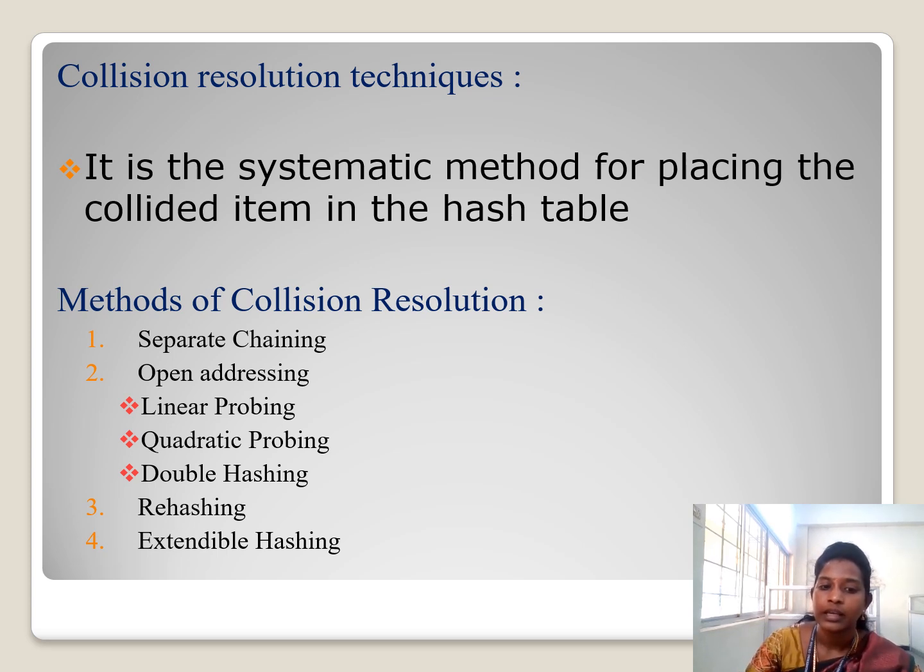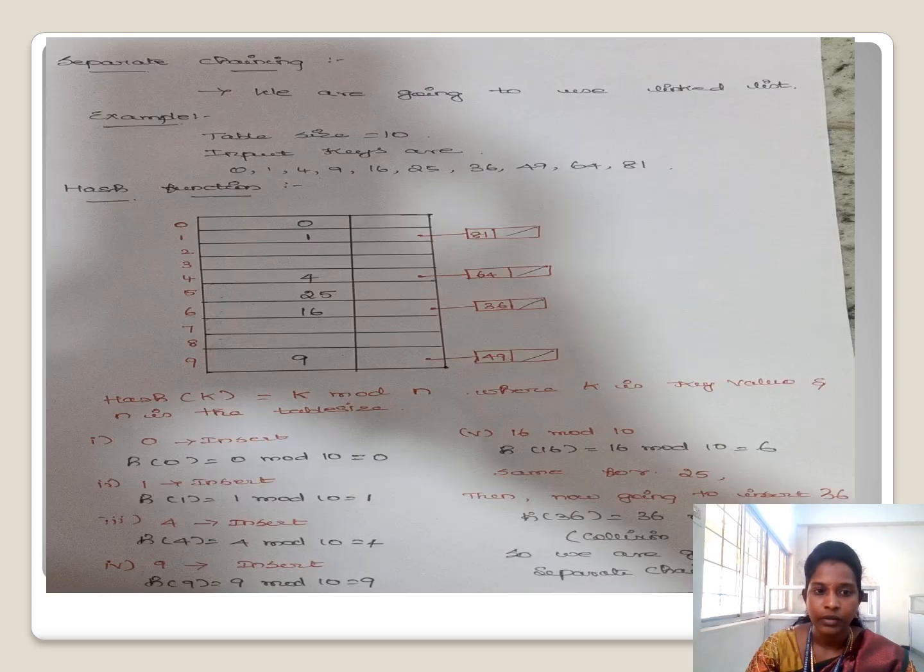For example, we go for quadratic probing in order to overcome some drawbacks in linear probing, and similarly we go to double hashing to overcome some drawbacks in quadratic probing. First of all I will explain what separate chaining is. Separate chaining means we are using the linked list.